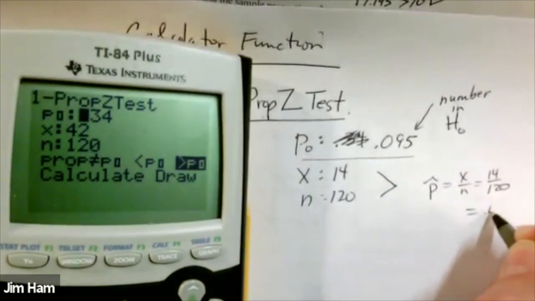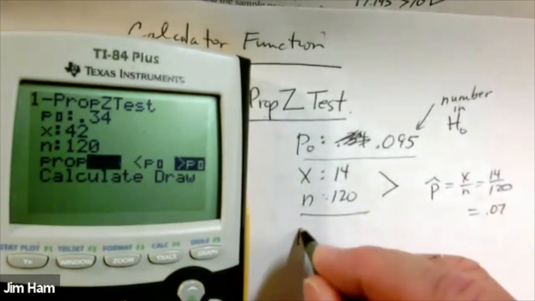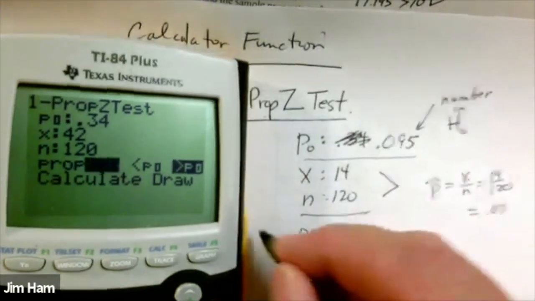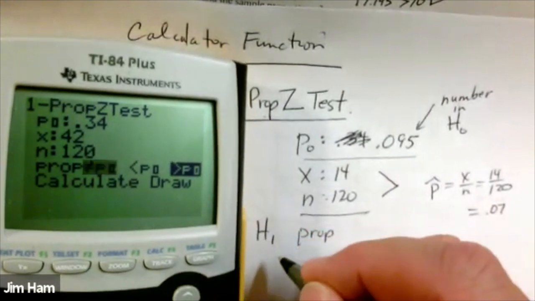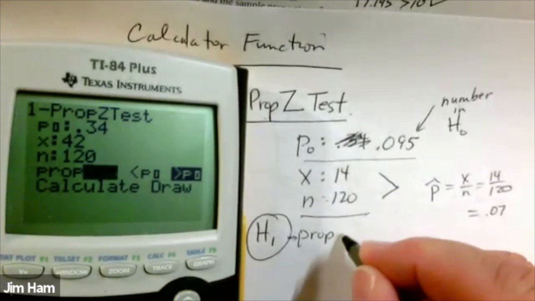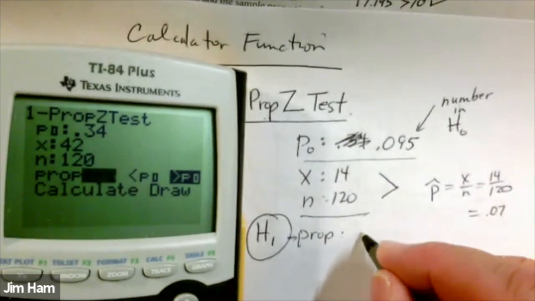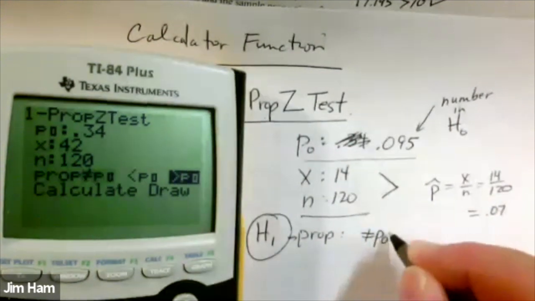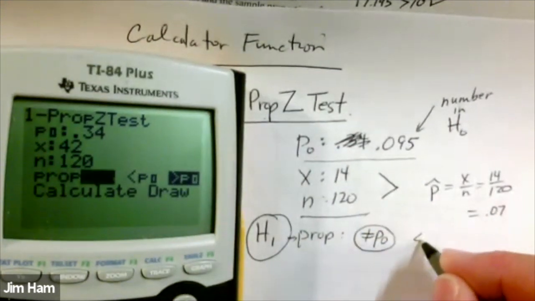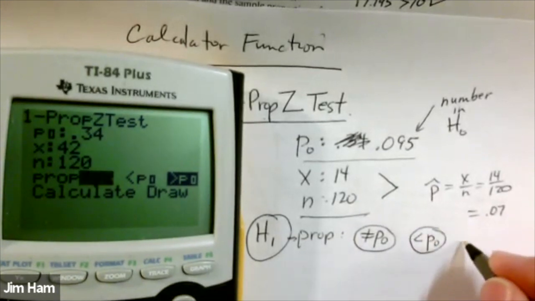So it needs those 2 numbers. Down here it is asking you something about the alternative hypothesis. So it has to know if it's going to calculate the p-value whether you're dealing with a two-tailed test, or a one-tailed left test, or a one-tailed right test.